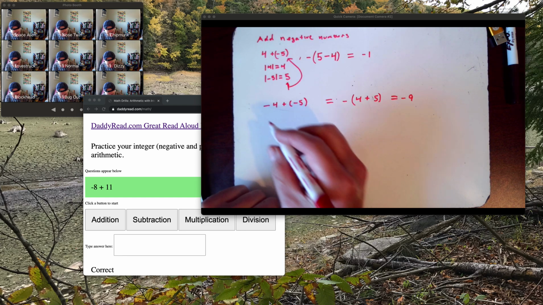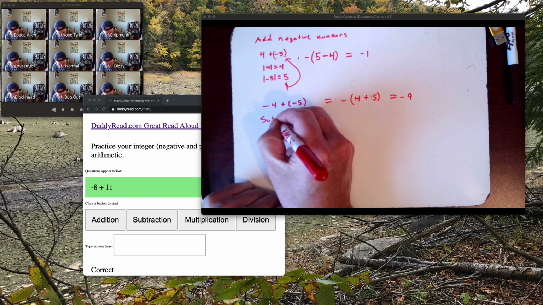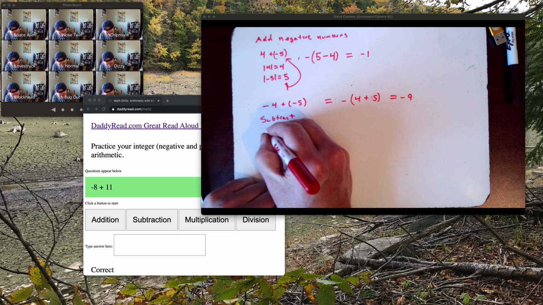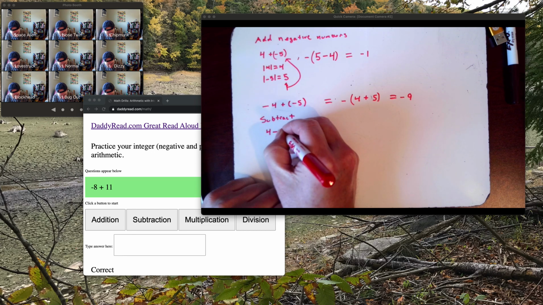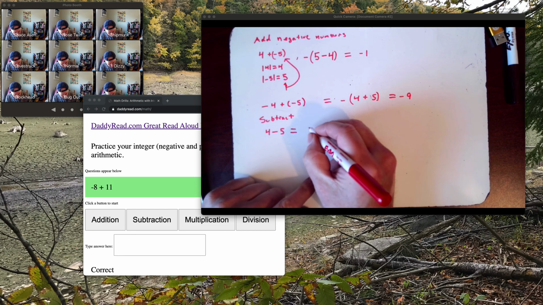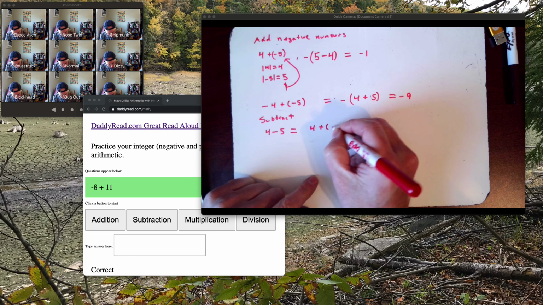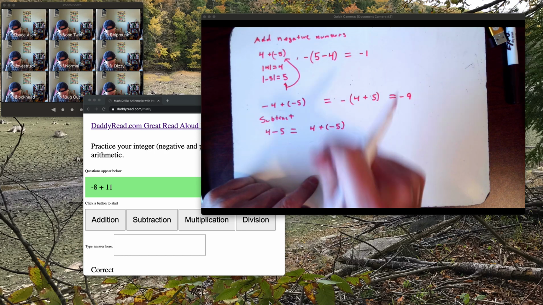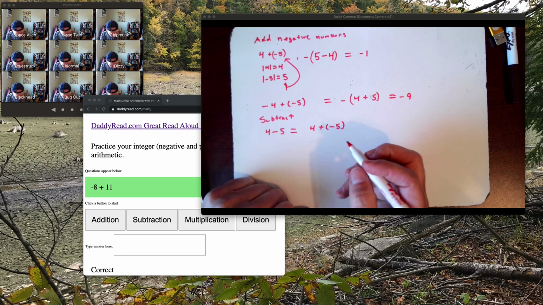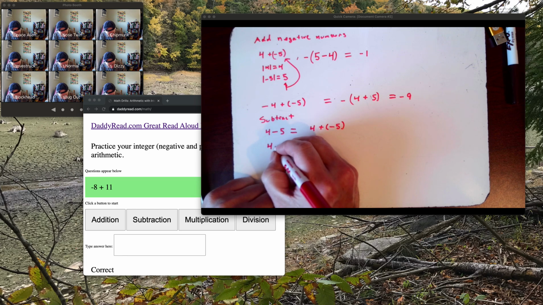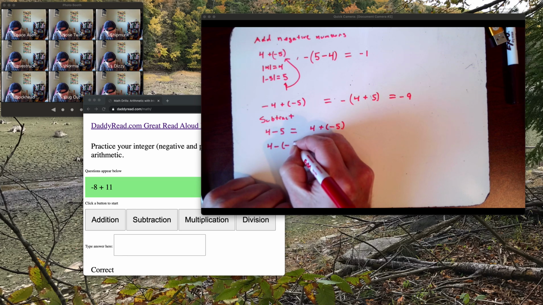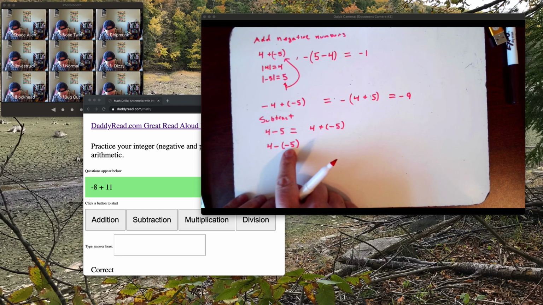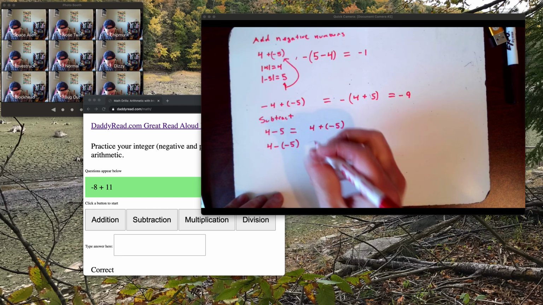Okay, subtraction can be converted into an addition problem. So for example, 4 minus 5 is simply 4 plus negative 5, which we already did. And 4 minus negative 5: when you have a double negative, the rule is you turn it into a positive.